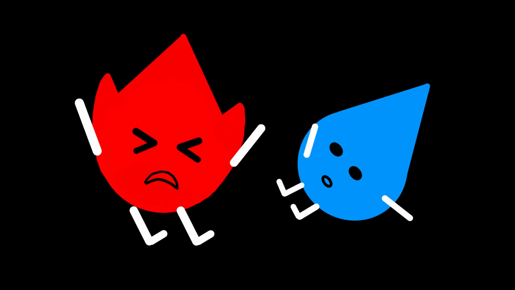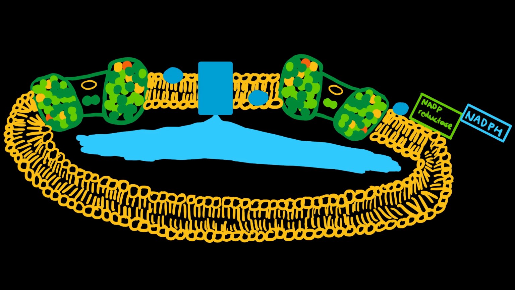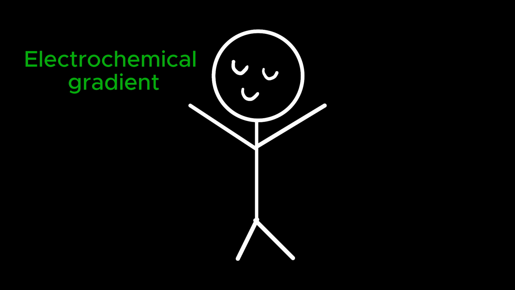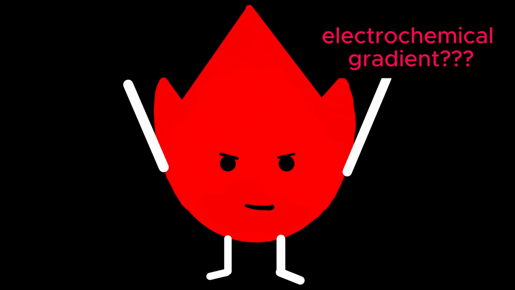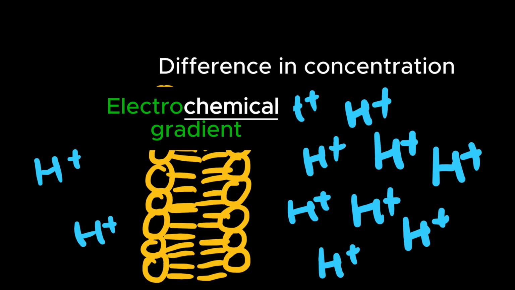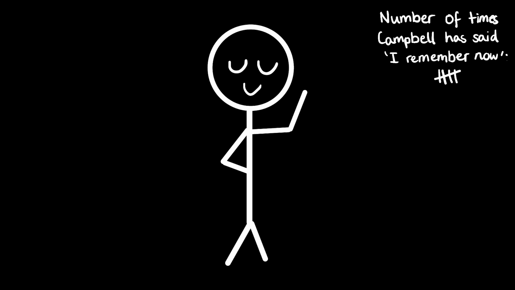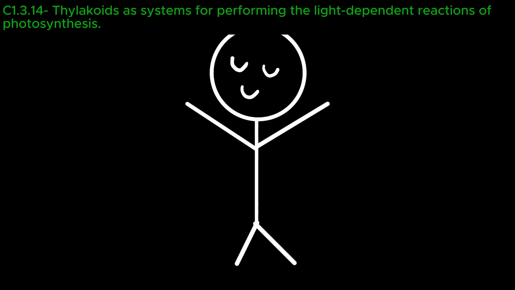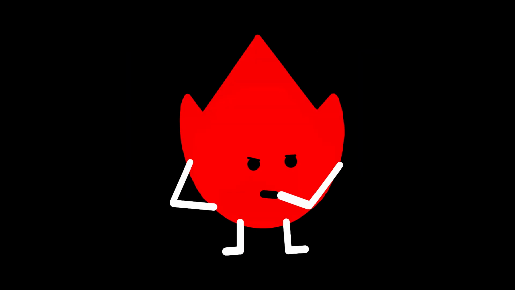Stop wasting your energy, H2O. Rest. If we close the space, protons will build up, forming an electrochemical gradient. What do you mean by electrochemical gradient? A difference in concentration and a difference in charge. Yes, I remember. This is just like how it is in thylakoids in chloroplasts. Interesting.